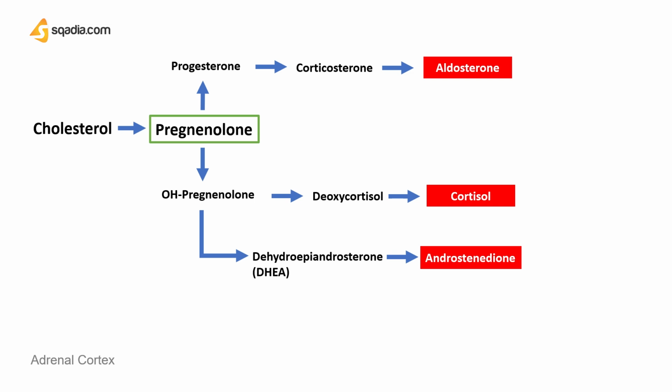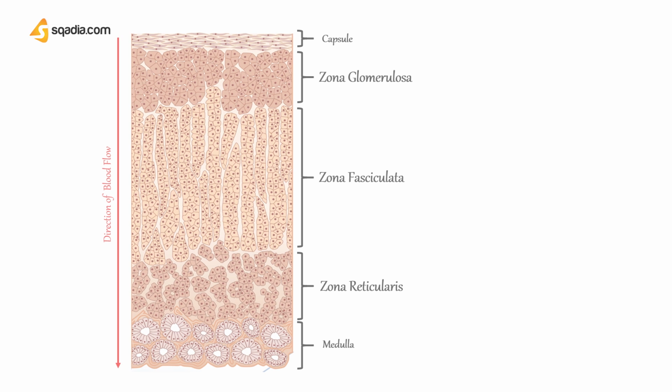Now, this is a precursor for other sex hormones like testosterone and estradiol that play significant roles in maintaining sexual characteristics. Okay, but remember that this conversion to testosterone and estradiol does not happen in the adrenal cortex. This conversion is happening mainly in the gonads.